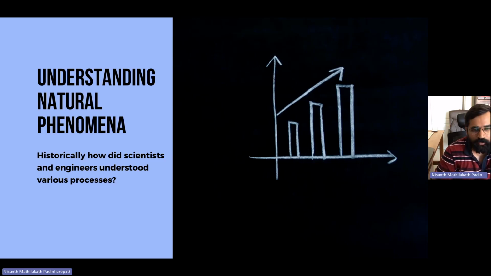That kind of aura is given to artificial intelligence. Now I want to bust that myth by reviewing what scientists or engineers were doing earlier, and how this approach of AI aligns with that same approach.